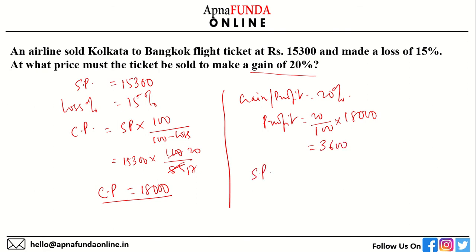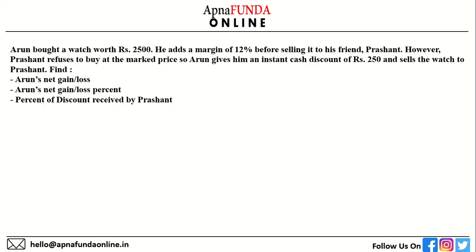So selling price is equal to cost price plus profit. Cost price is 18,000. Profit is 3,600. Selling price is 21,600. I hope you have solved along with me, and this is the answer you will also get. My answer is 21,600.